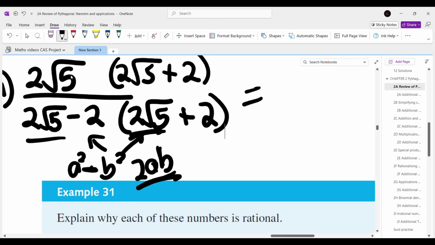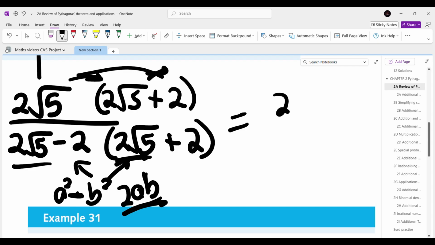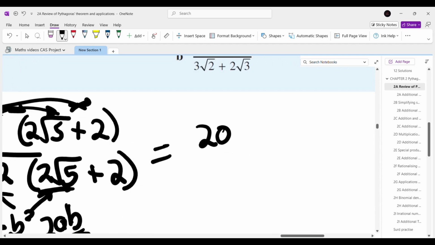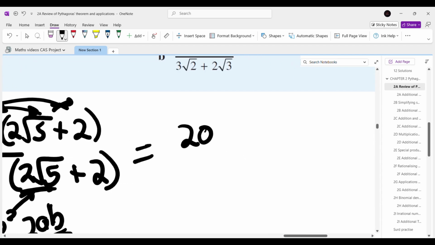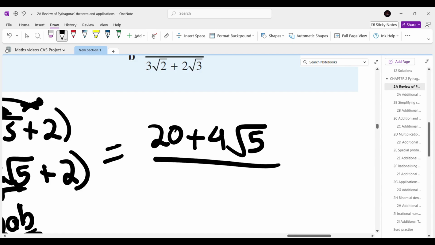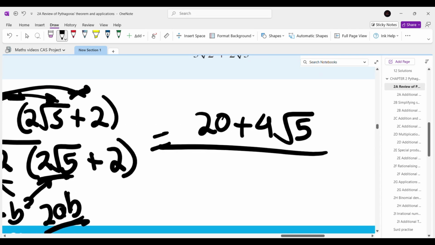So here we expand this across the two brackets to get 4 times 5, which is just 20, because root 5 times root 5 is just 5, as we've explained multiple times now, plus 4 root 5, because it's 2 times 2 root 5.